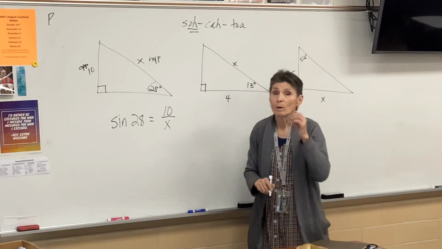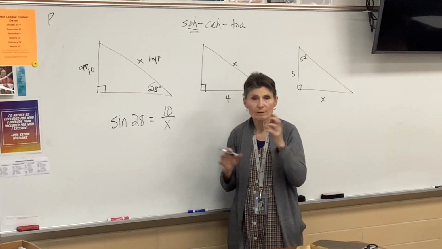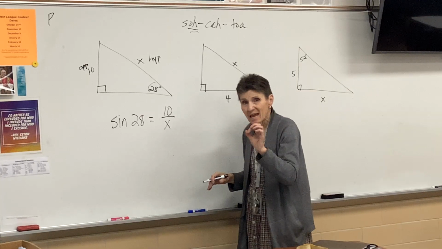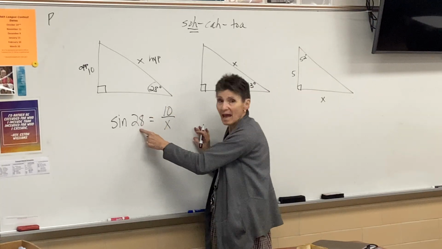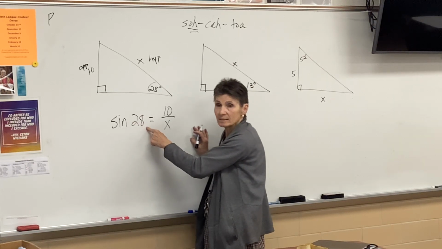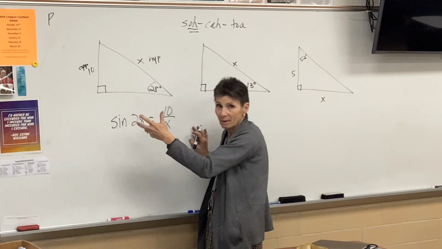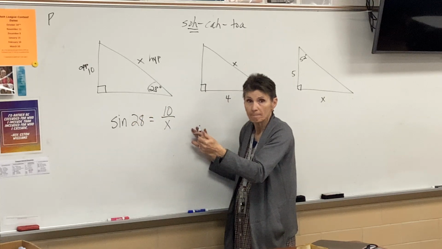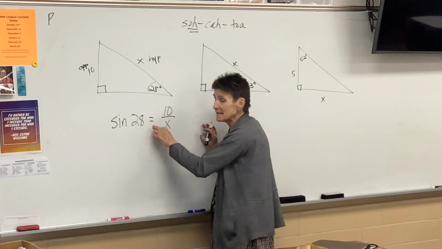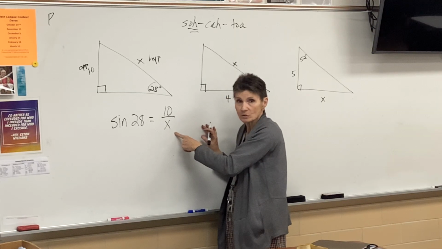When you figure out you're going to use sine or cosine or tangent, the angle gets attached to whatever you picked. And then that will equal, in this case, opposite over hypotenuse.